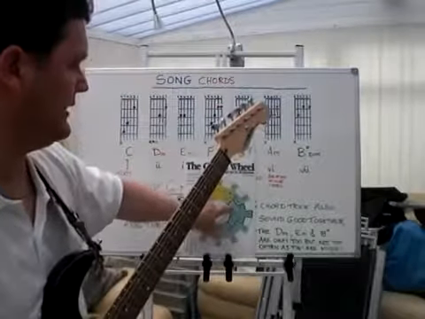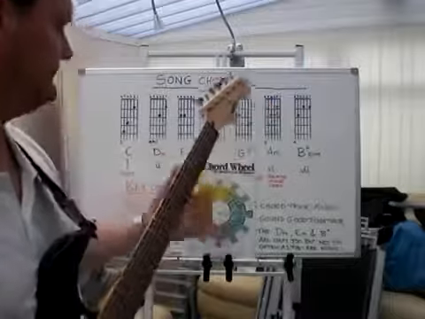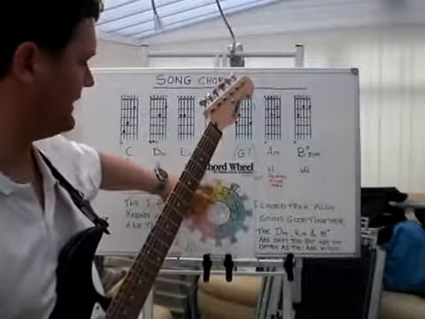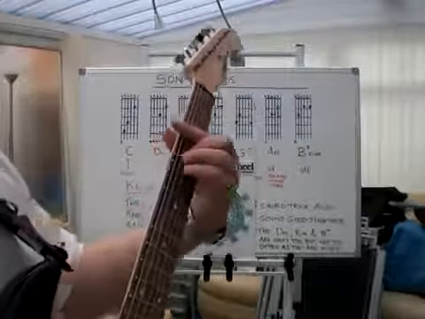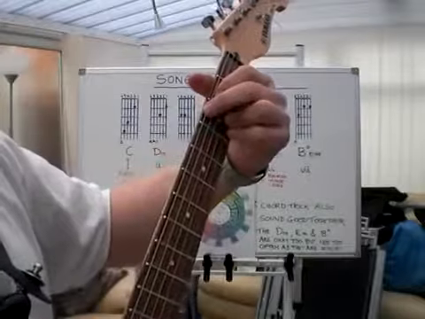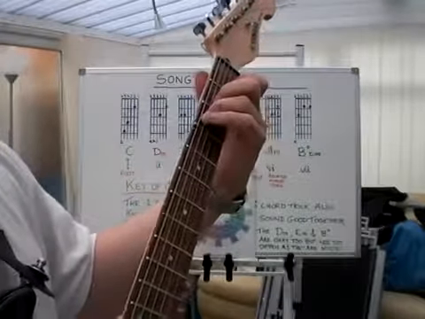So we've got A, D and E flat. Let's change it to one that's a bit more simplified again, just so it expresses it better. So we've got the G there. We could just do G there, G, C and D.